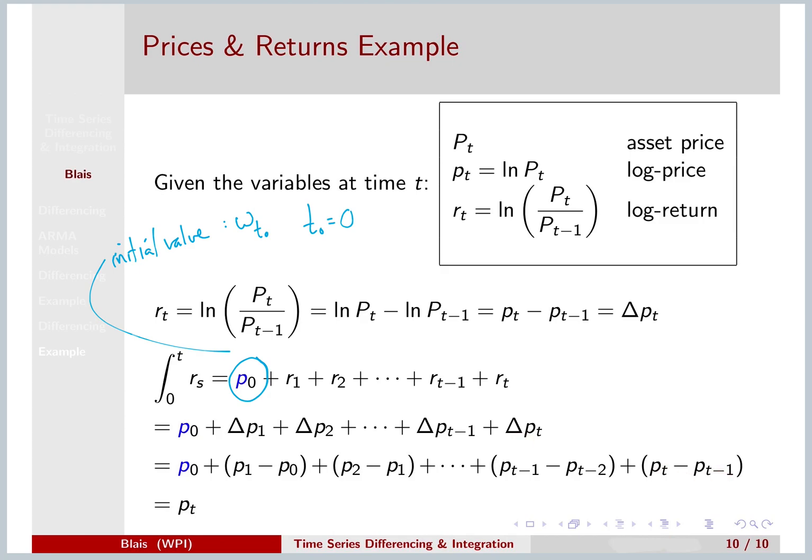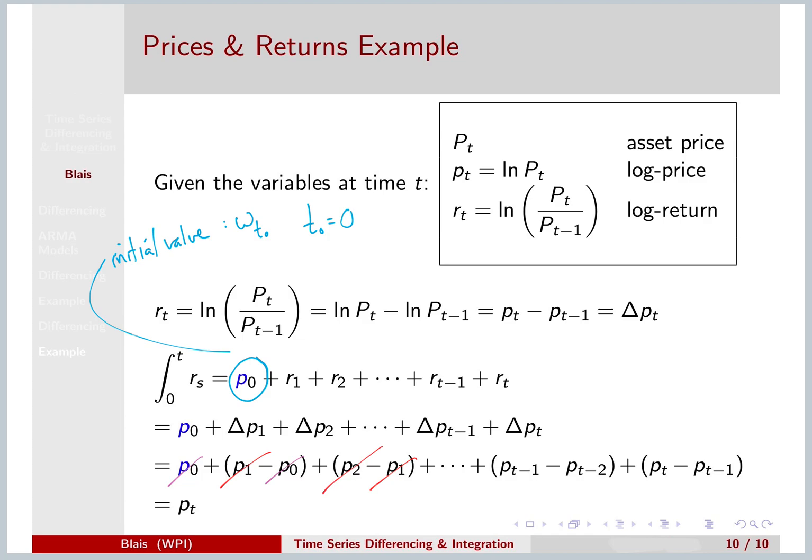And what we now notice is the pairing. Our initial condition, p_0, those pair and cancel. The p_1s cancel. This p_2 has a partner in the next term, so that cancels.